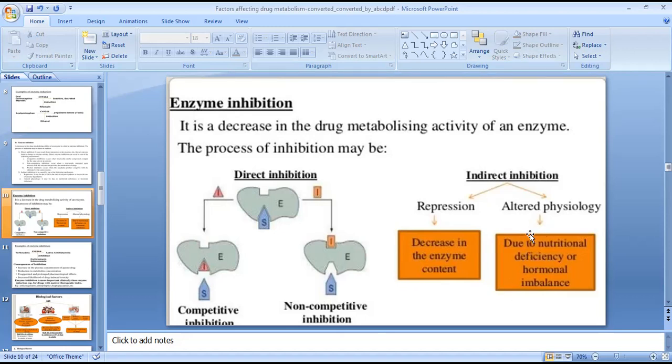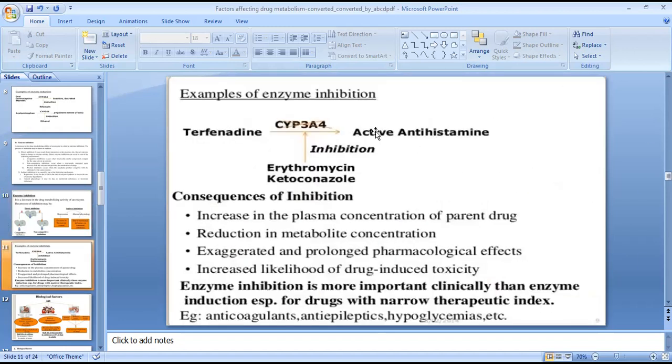So they have a nutritional deficiency of those enzymes. That's why there will be a hormonal imbalance and it may affect enzyme inhibition. So an example of the enzyme inhibition process is terfenadine. Terfenadine is the drug molecule.